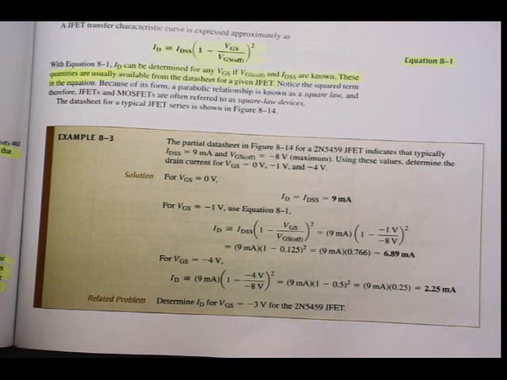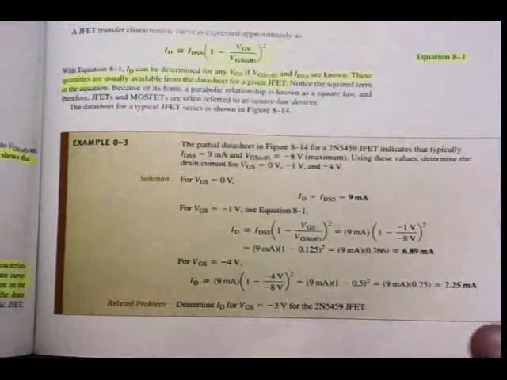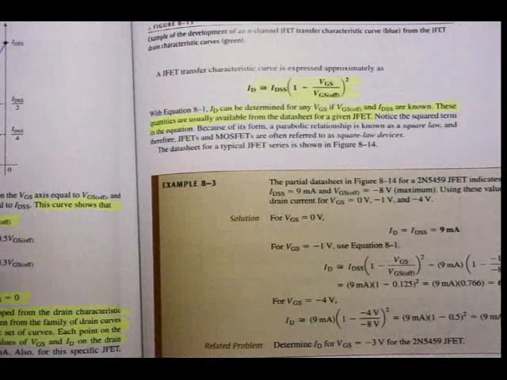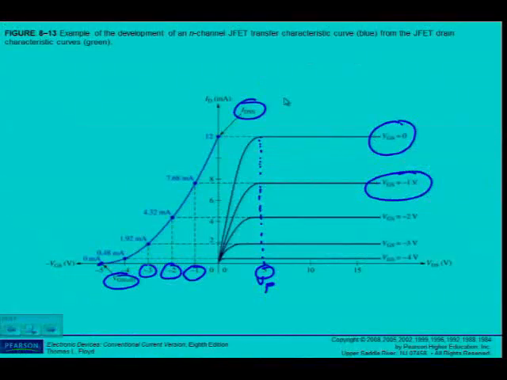So it's as simple as that to use this formula to determine the different values of ID. But now you can see that by using that formula, I can draw this curve. I can calculate these values of ID for these specific values of VGS by using formula 8.1. Okay.